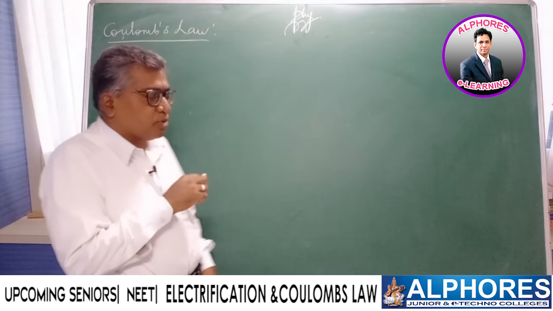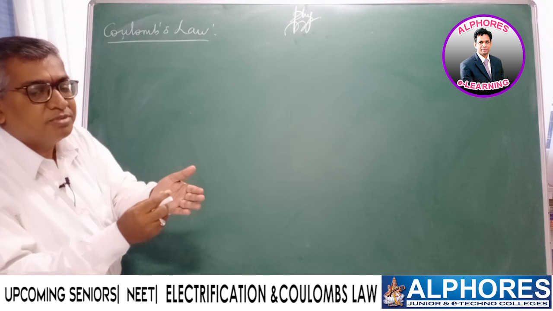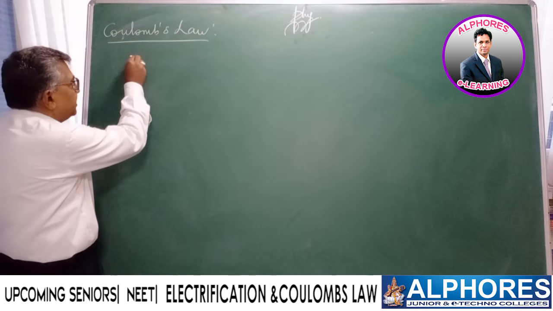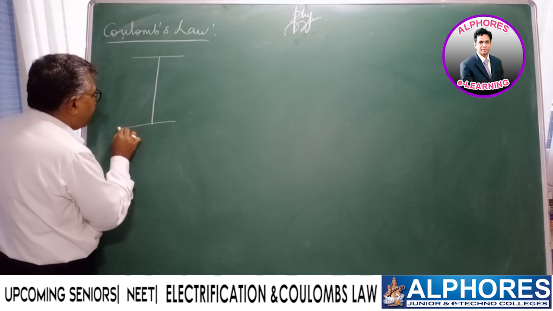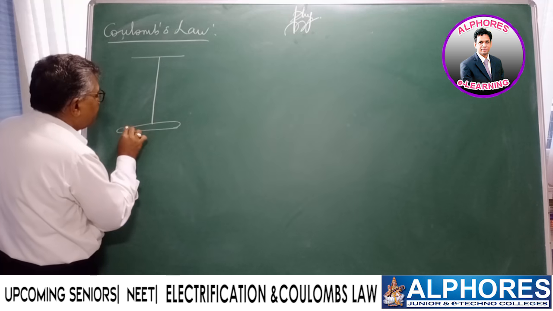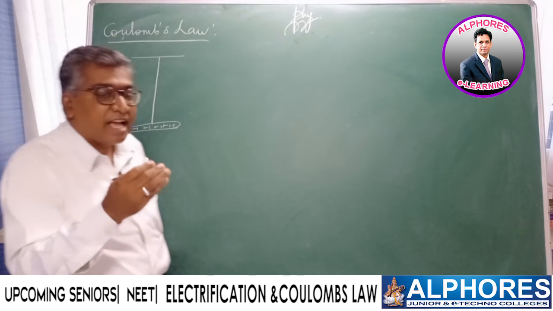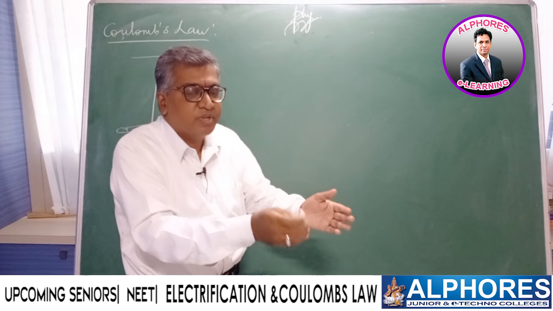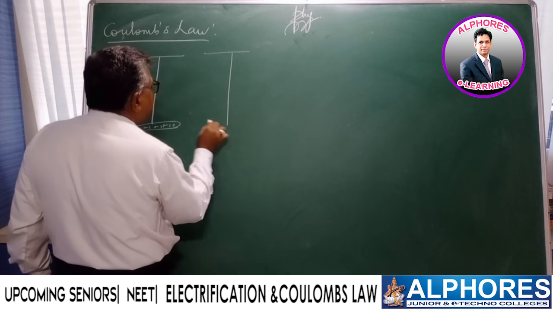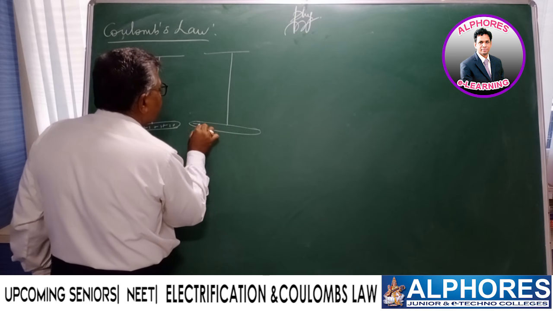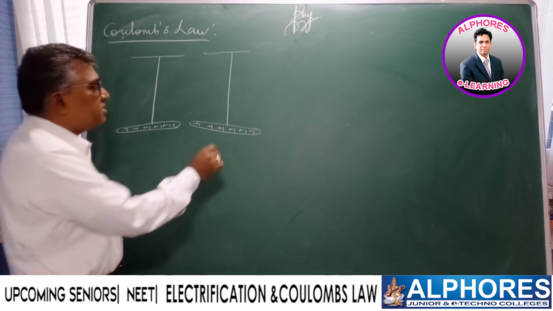So in this process, let's suppose a glass rod is rubbed with a silk cloth and suspended by means of a string. This gets positive charge. Now consider another glass rod rubbed with another silk cloth and again suspended near to this. Let's say this glass rod also gets positive charge.